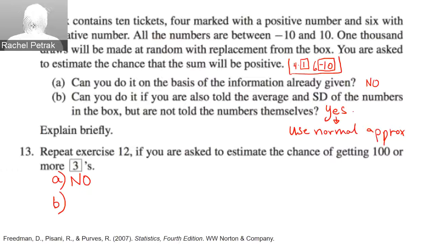Oh, 1,000 draws, excuse me. No, I guess with B we could go ahead and use the normal approximation. But even if we use the normal approximation, we would still have problems estimating the chance of getting 100 or more threes out of 1,000 draws, because we're using the sum here, and we could get a sum of 3 lots of different ways. So neither of these are possible.